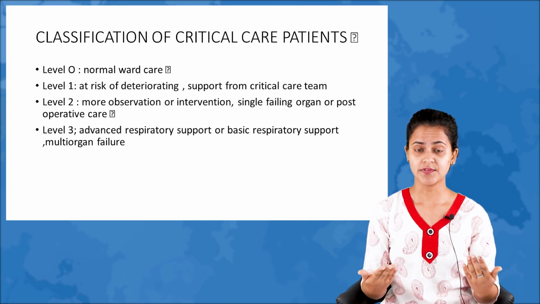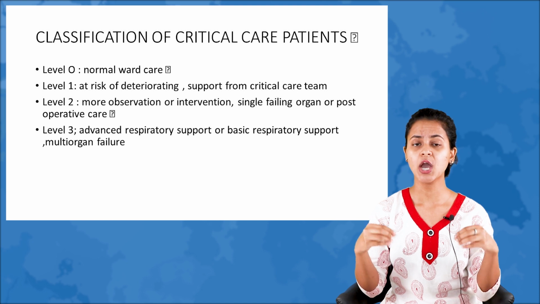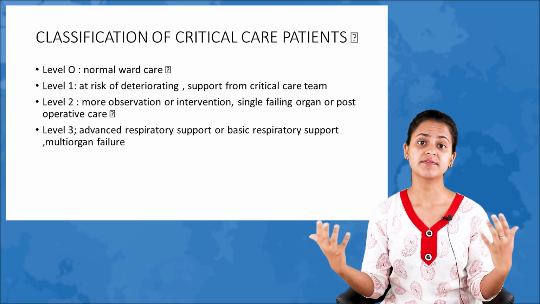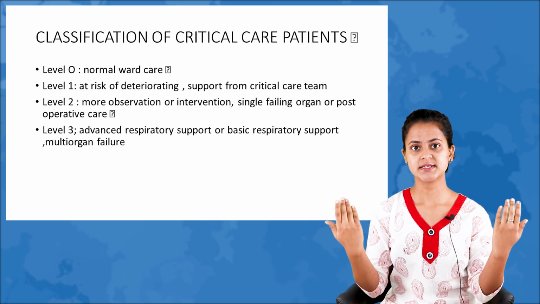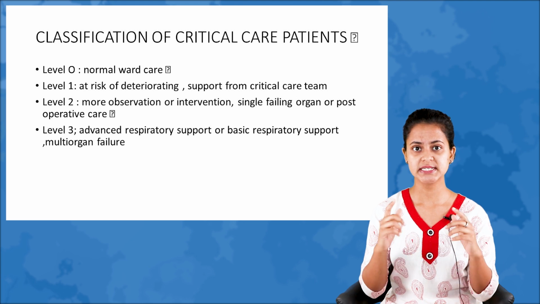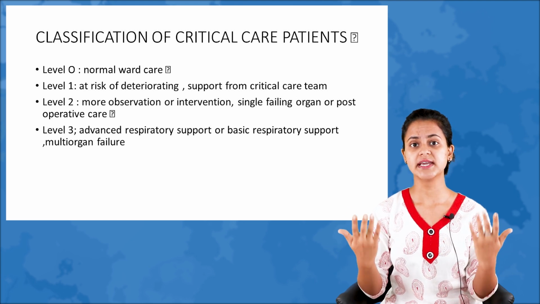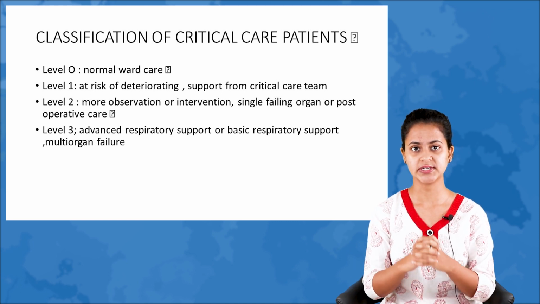Even the clients who are present in level 3 will almost always have one or more organ dysfunctions. Even post-operative clients can be present here. That is the reason more specialized monitoring and treatment is needed in level 3. Even invasive techniques can be used to manage the clients who are admitted in level 3 critical care.